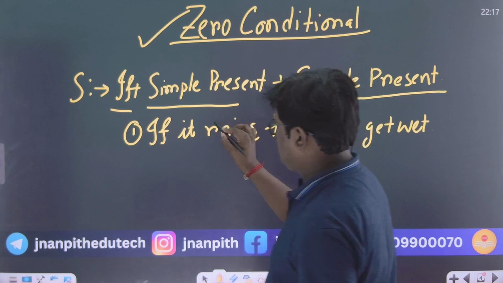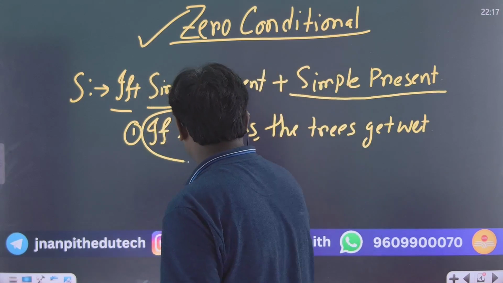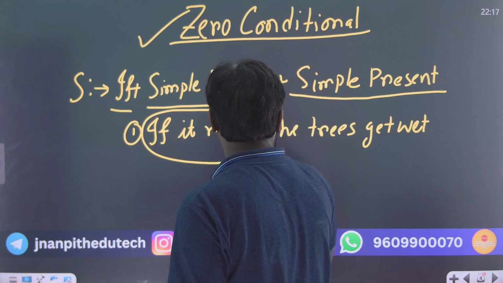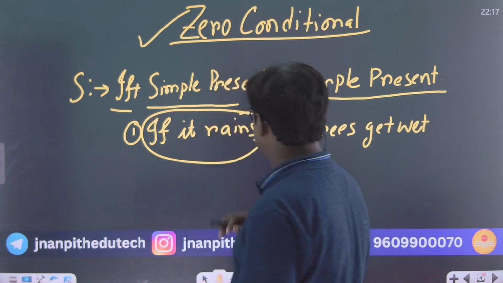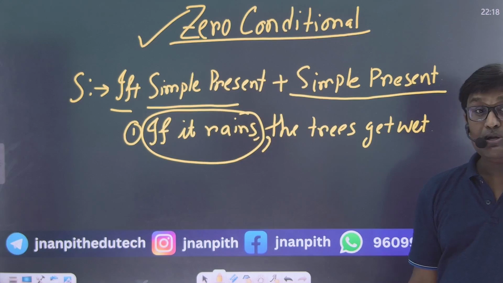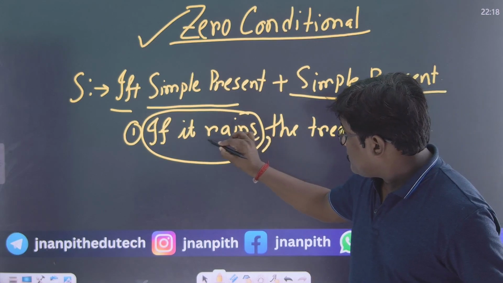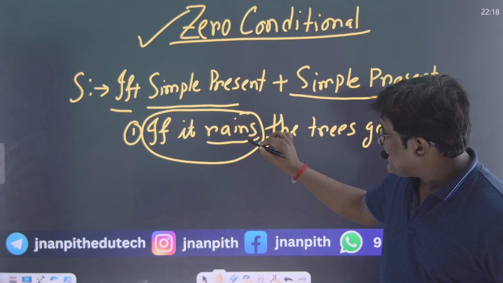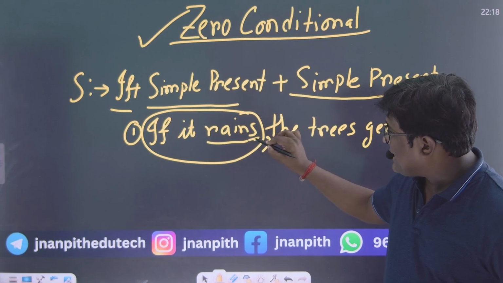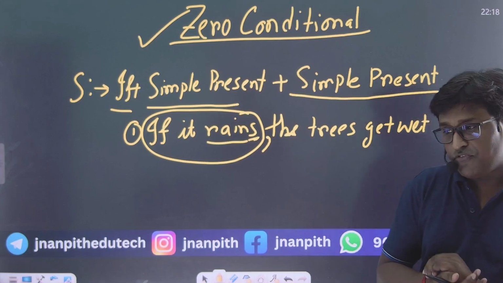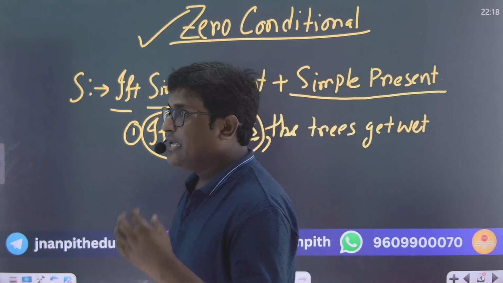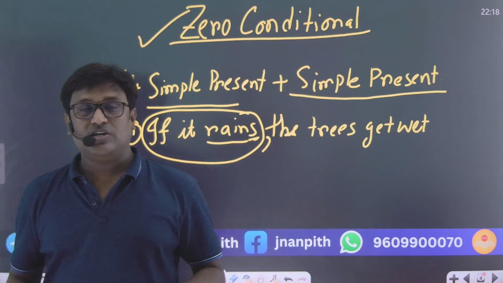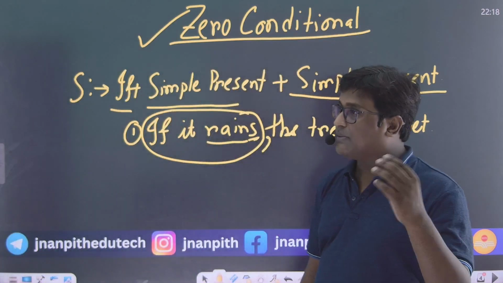Just have a look at this sentence. The if clause is in present tense. How do you know that? The main verb takes an s with it, and if the main verb or principal verb takes an s or es with it, the tense has to be simple present.